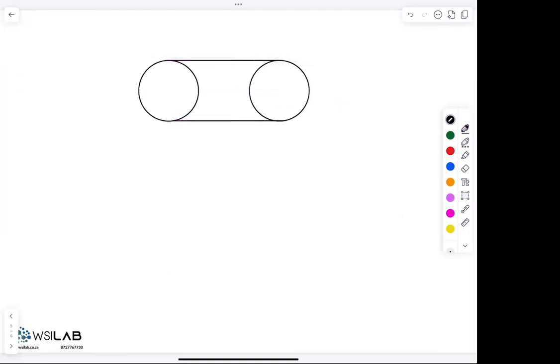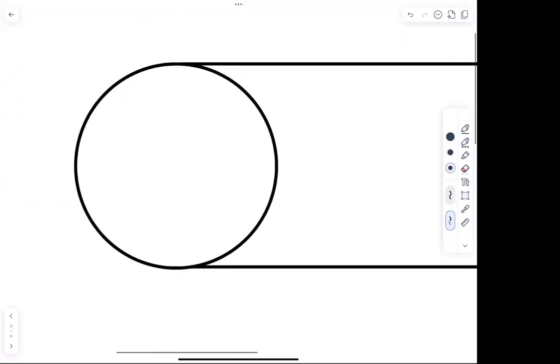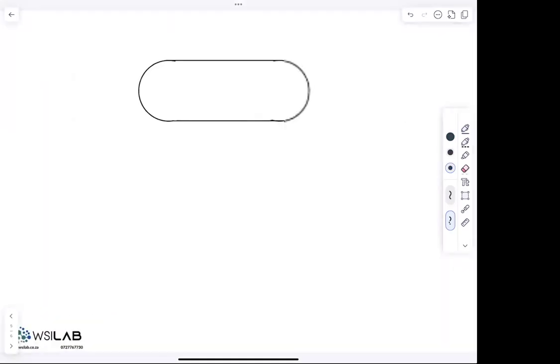Okay, I have an advantage because I can erase stuff with my pen. Okay, there is a track, a normal athletic track.